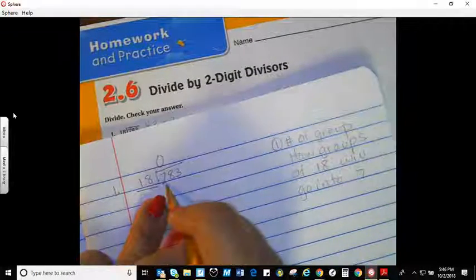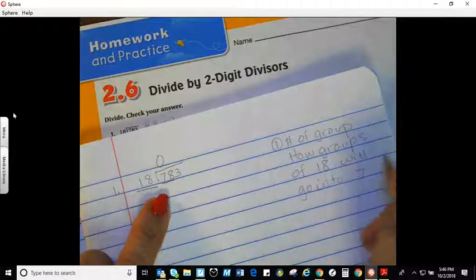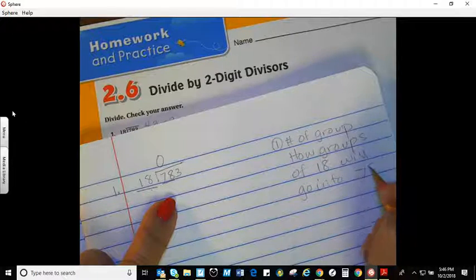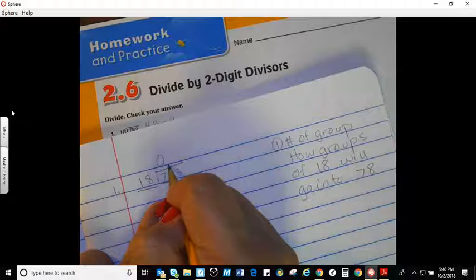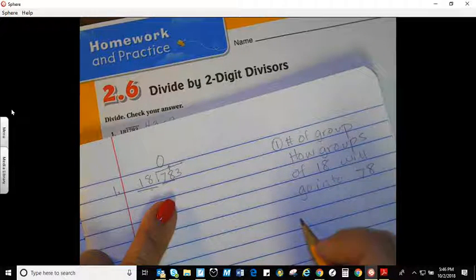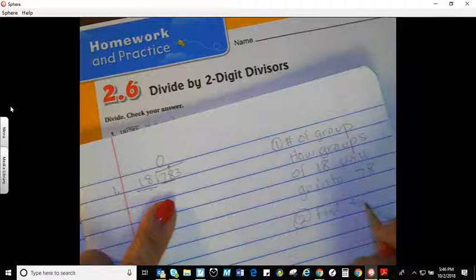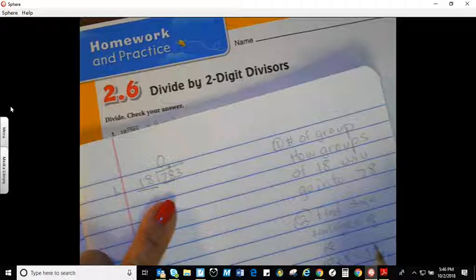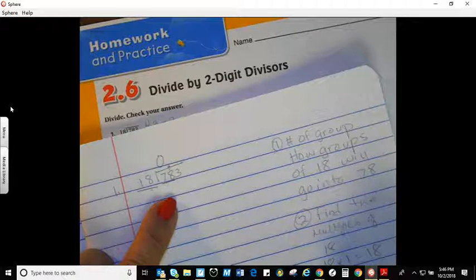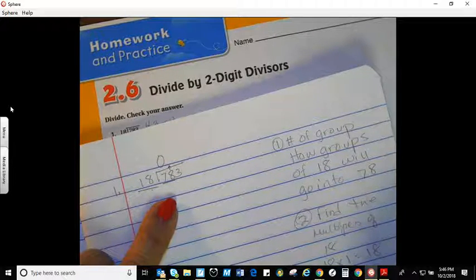Next, I'm going to do 18. How many groups of 18 go into 78 will be my next number. So right here, I'm going to put that number of groups. The next thing I need to do is to find the multiples of 18. 18 times 1 equals 18. 18 times 2 equals 36.